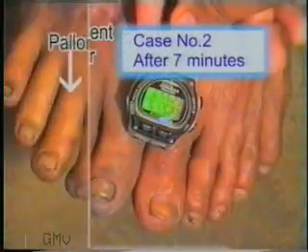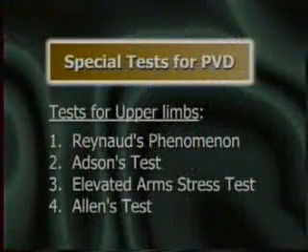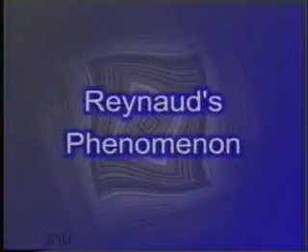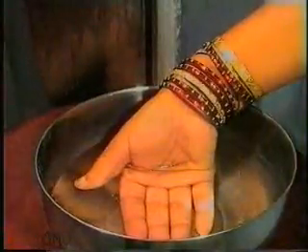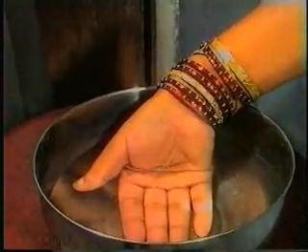Now we will come to some special tests for examination of chronic ischemia in the upper limbs. The Raynaud's phenomenon. If you are suspecting Raynaud's phenomenon, dip the fingers of both hands in ice cold water and watch for blanching or pallor of the fingers.